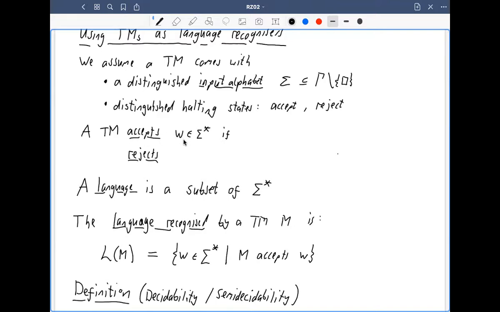And the Turing machine is said to accept the word if, when we run the TM on w, the computation ends, so stops, in the accept state.